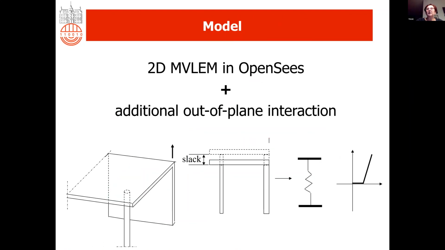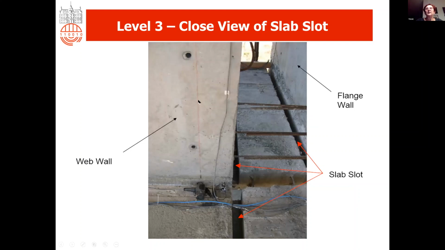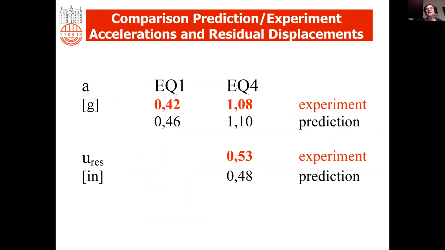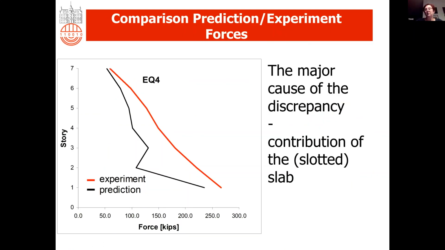No one expected such an interaction between this perpendicular wall and the one which was tested. In spite of the slab thickness being only 5 centimeters, at these two places the interaction was quite important, and that is why we obtained this difference.